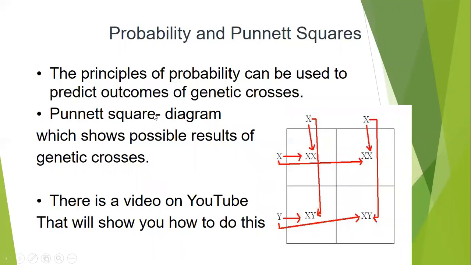The principles of probability basically say that when you have your alleles represented at the top and when you have your alleles represented at the side, each of those traits is going to go down and across and be represented in combination with all of the other traits.